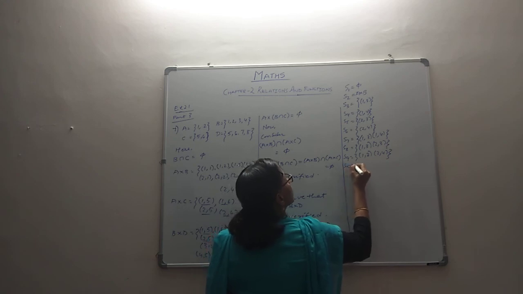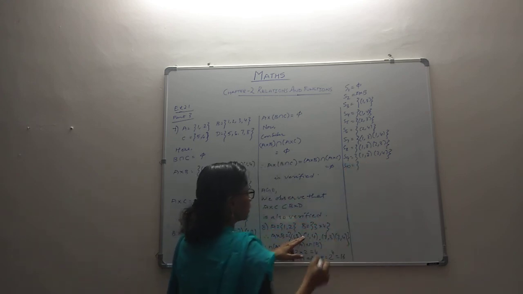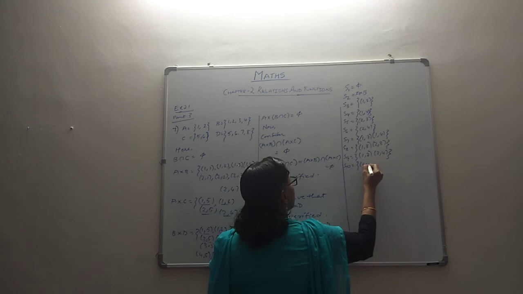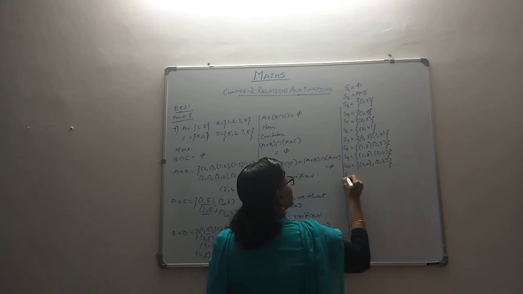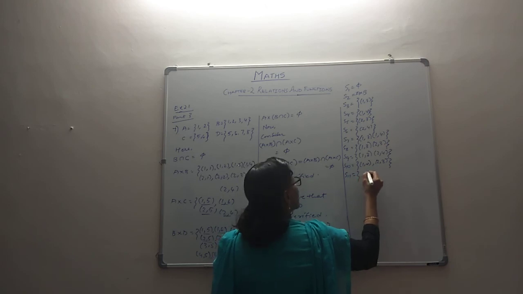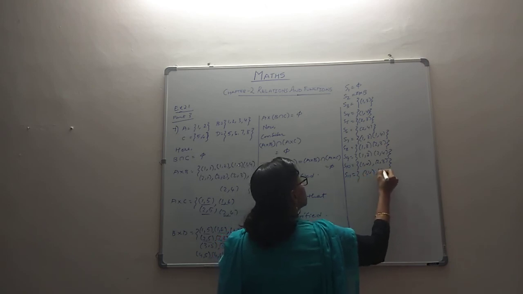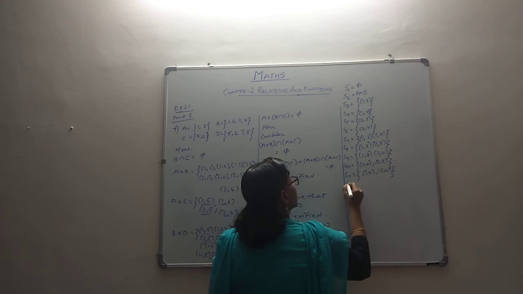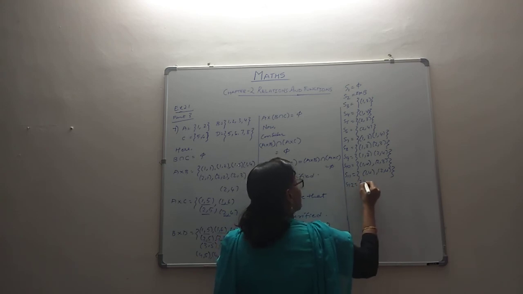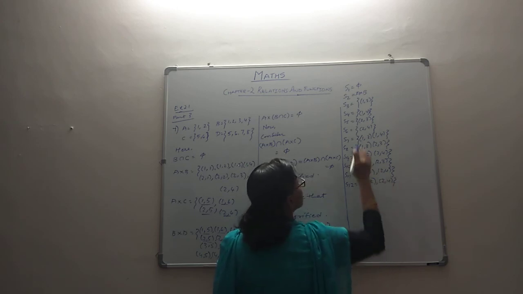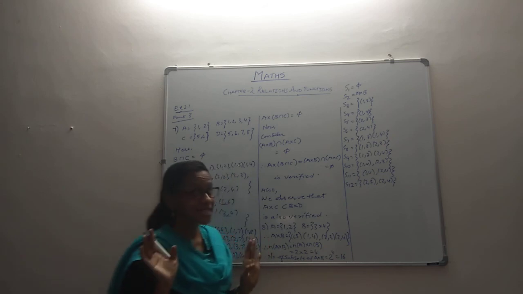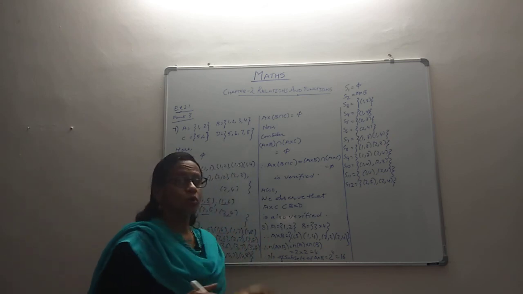Then you can also have {(1, 4), (2, 3)}, {(1, 4), (2, 4)}, and {(2, 3), (2, 4)}. So these are all your doubletons. How many? 1, 2, 3, 4, 5, 6. Yes, 6 doubletons. Now we go to tripletons.